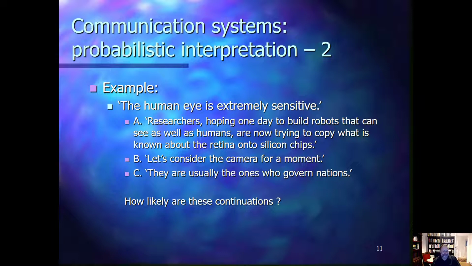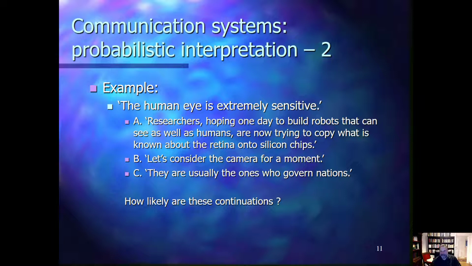So although these may follow in a text, the likelihood is quite little. Alternative B, let's consider camera for a moment. Well, it is a possible continuation because it might be that the text that we are taking out is coming from a discussion about cameras, where the human eye is taken as an example. So there is some possibility, some probability that option B might be the continuation for the first sentence.